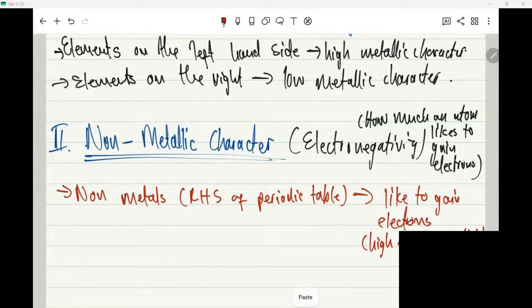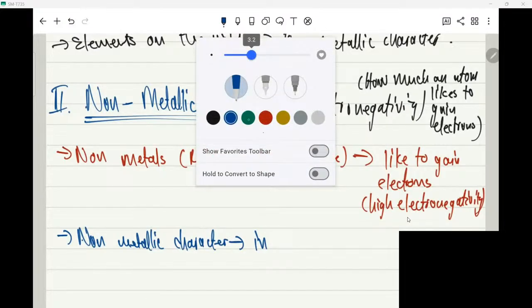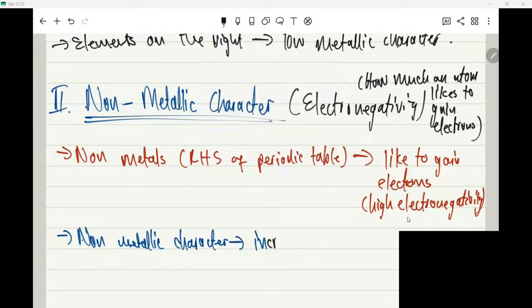So what must you know here? You must know that non-metallic character increases across a period, instead of decreasing. Things on the very end are very electronegative.